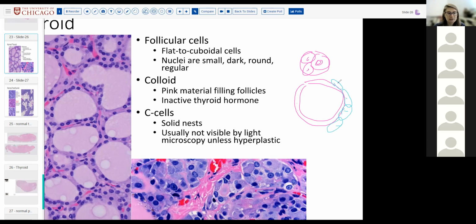Those are your C cells, okay? So don't ever think that just because you have colloid, those are definitely follicular cells. Take a look at the character and quality of the cytoplasm, because you may actually see that those could be C cells undermining the follicular cells. Otherwise, you'll also be looking for them, like I said, in solid clusters or groups.